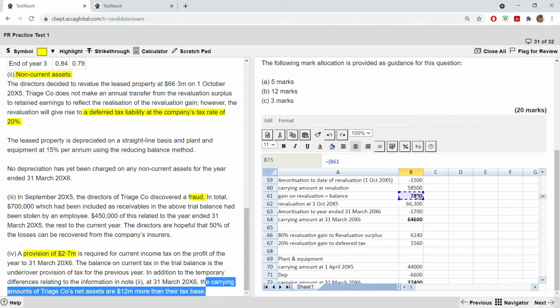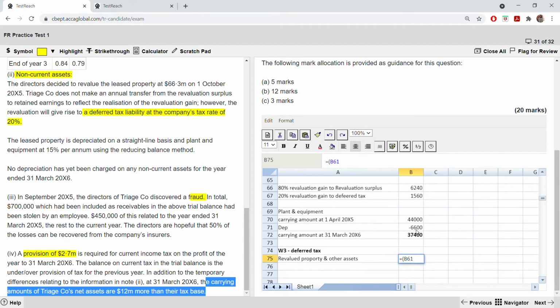Plus 12 million, that means 12,000, into what is the tax? 20%. 20% is the tax rate. Don't ask for deferred tax, they didn't give. Income tax or whatever tax it is, the rate which they give, it is used for income tax also, deferred tax also. Which is 3,960.